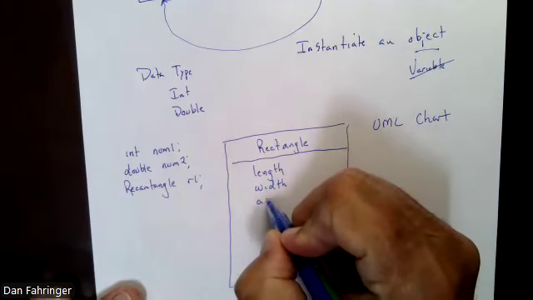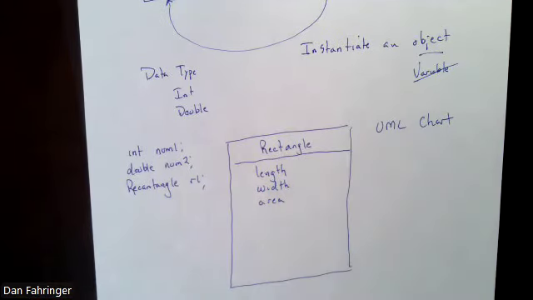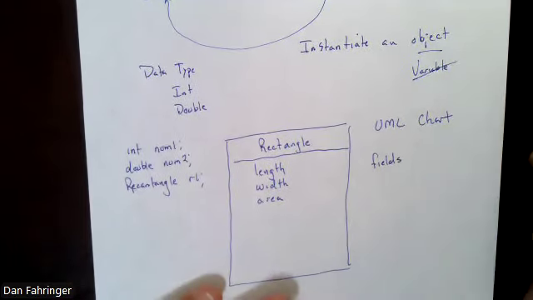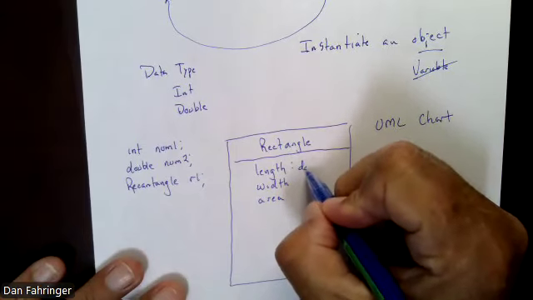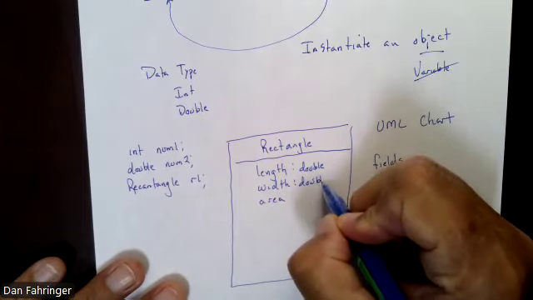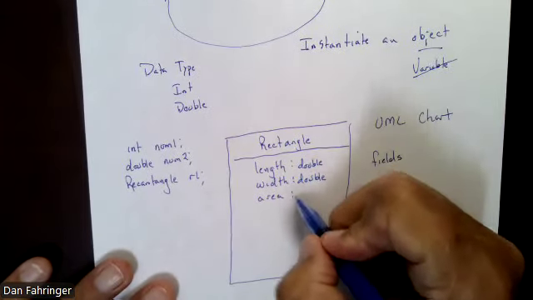And now there's some question about area. These guys are now called fields instead of variables. They're going to have types. We're going to give them types. Double, double, and this would have to be double.